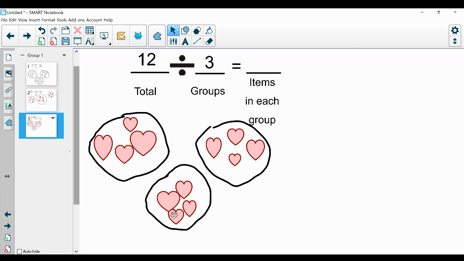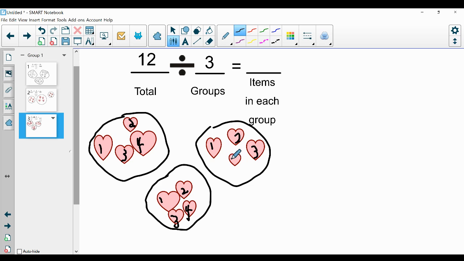So now I want to make sure that I have the same number of items in each group. Not counting the total, I'm counting the items in the group. So I'm going to repeat counting. 1, 2, 3, 4. 1, 2, 3, 4. 1, 2, 3, 4.